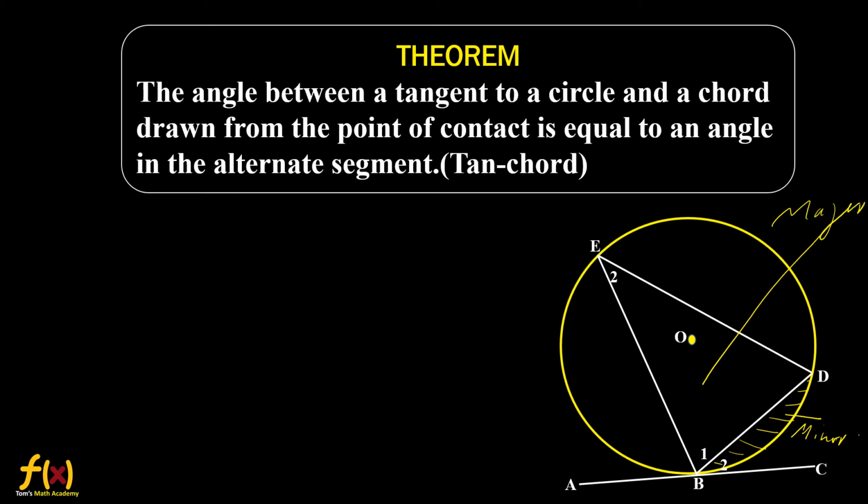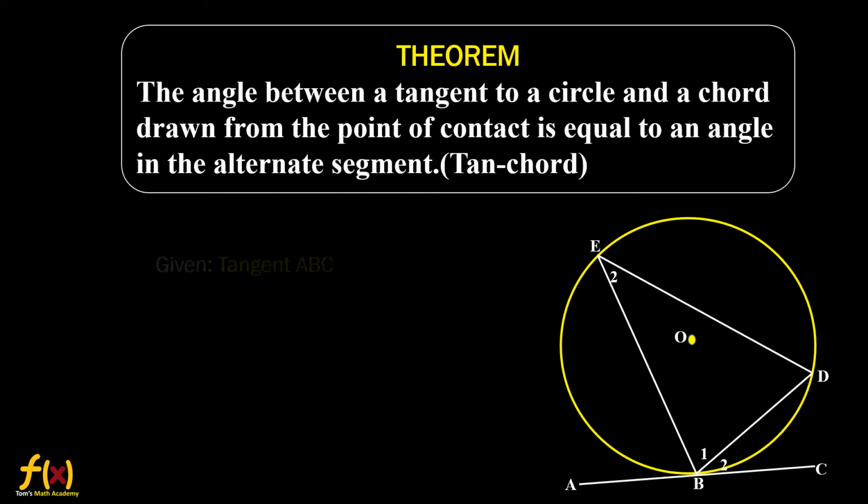We divide the circular surface into two segments, one side of the chord and the other side of the chord. So the theorem says the angle between tangent and chord will be equal to the angle in the alternate segment. The same chord is making another angle here. So we start to prove that.